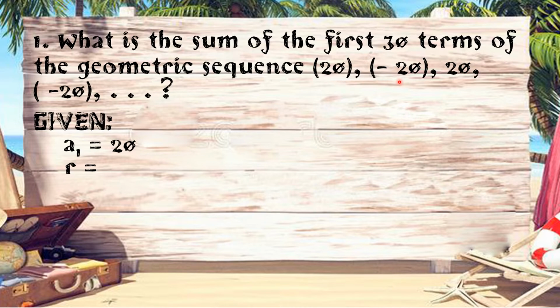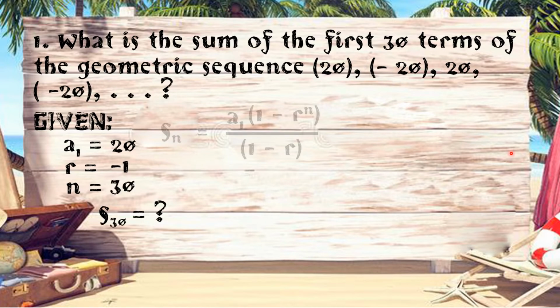Okay, remember ang ratio is the second term divided by the first term or negative 20 divided by 20. Pwede rin namang third term divided by the second term or 20 divided by negative 20, which is negative 1. And ang n natin, since we are looking for the sum of the first 30 terms, so ang n natin is 30. And we are looking for s sub 30.